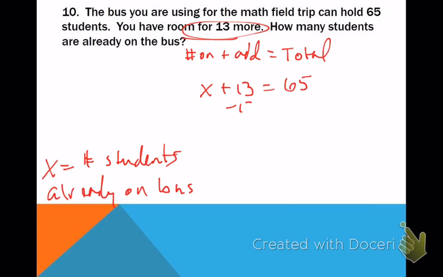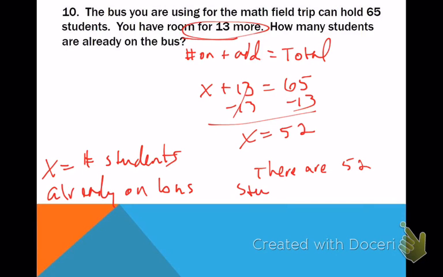So we subtract 13 from both sides, and we get 52. Okay? So the last part of this is to answer the question asked. How many students are already on the bus? And so we can say something like there are 52 students already on the bus.